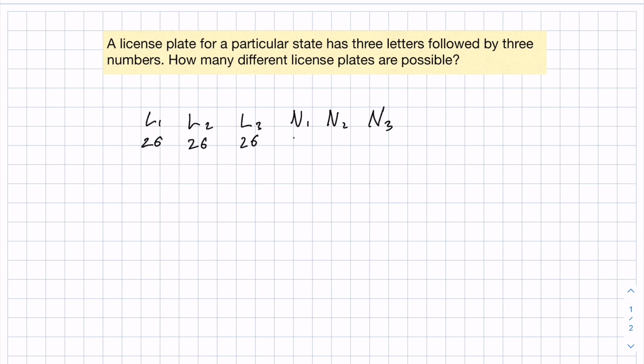So 10, 10, 10. So this is the possibility that we should multiply with. So we should multiply 26 times 26 times 26 times 10 times 10 times 10. If you multiply it out, you get a huge number, which will be 17,576,000.